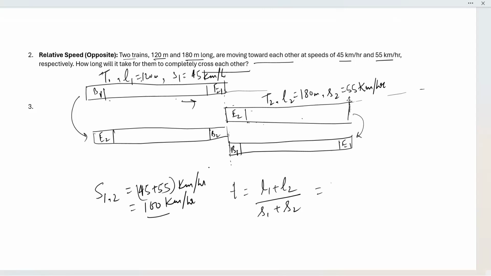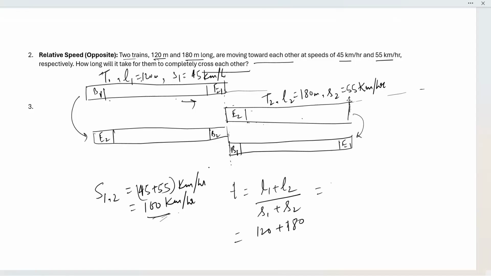I will not convert the speed into meters per second because of the calculation, because this is coming out to be 300 meters. So 120 plus 180. The reason why it is special is the sum is 300, and in the denominator, which is the sum of the speeds, it is 100 kilometer per hour.